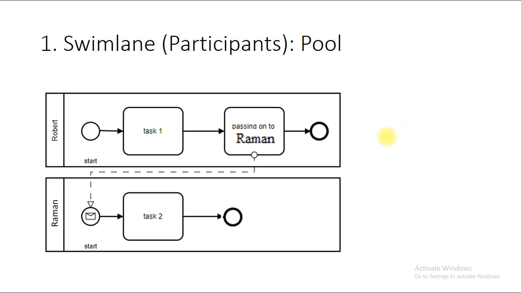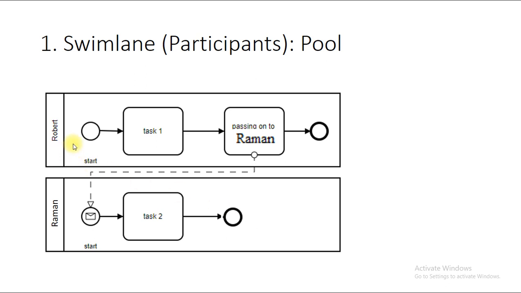The first person is Robert, who has got a task 1 to complete, and when he completes it, he passes the control to Raman, who now gets notified within his own pool that the task Robert has taken is over. And he does task 2, Raman does task 2, and it will be done with the process.